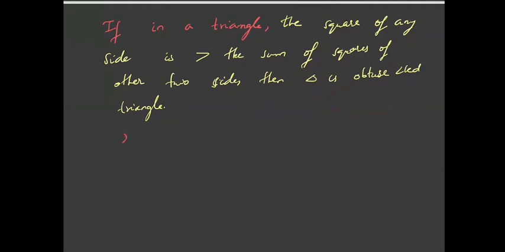So you need to tell me whether the triangle is obtuse angled or right angled or acute angle. So the sides are 3, 4 and 6. So just tell me whether the triangle is obtuse or acute or right angle.